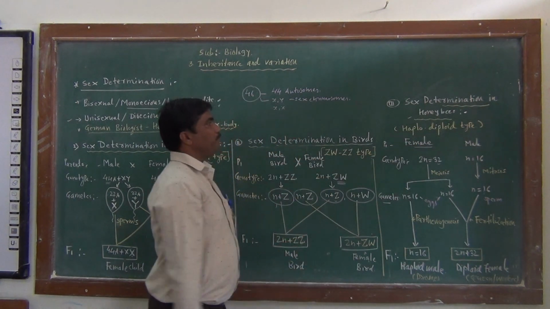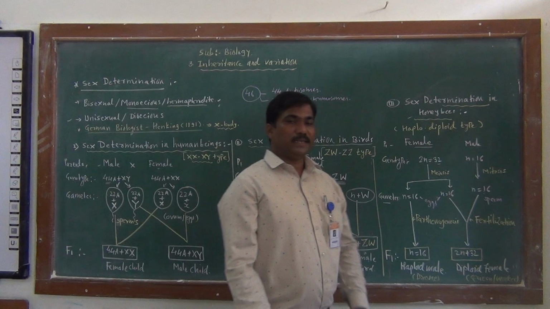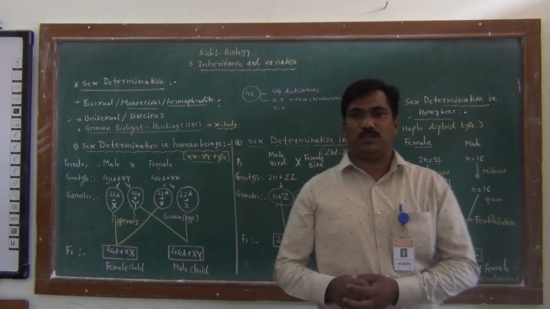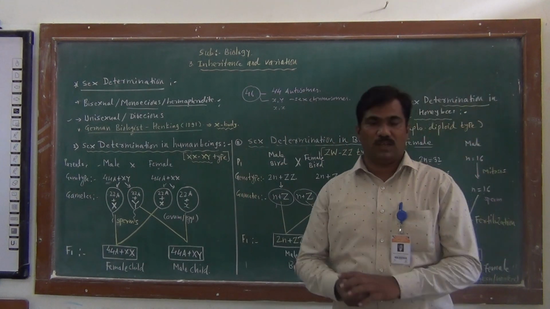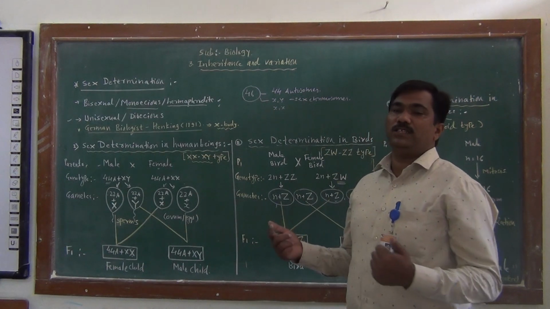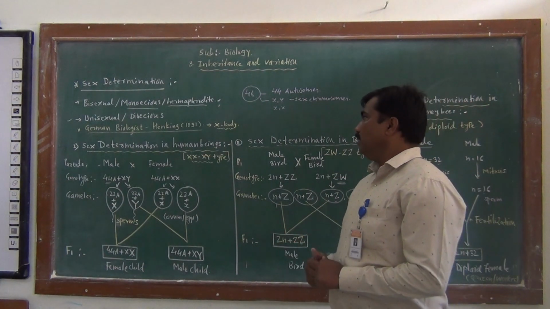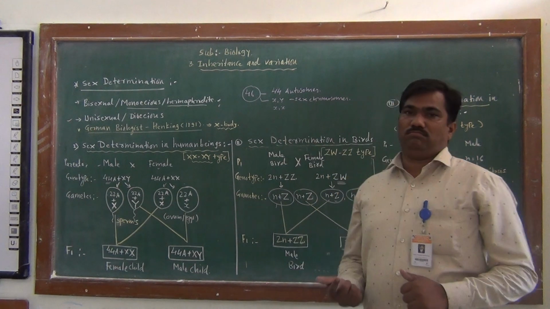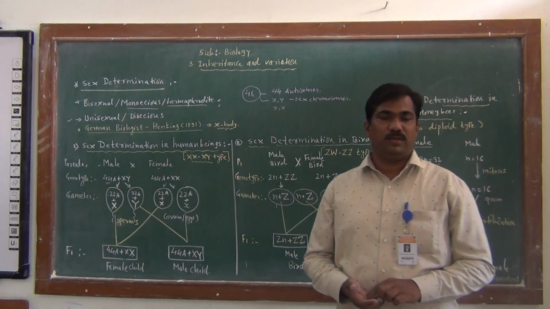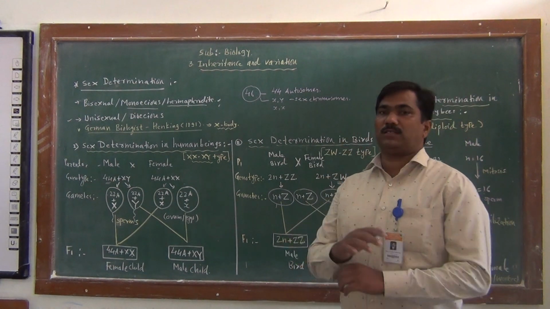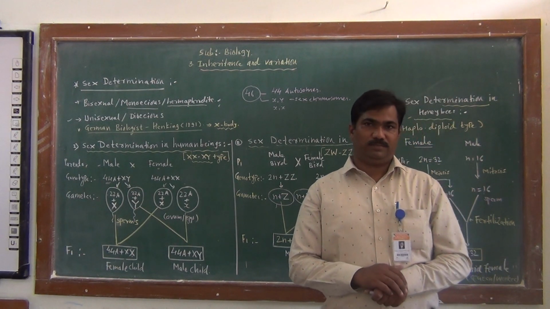These are the different mechanisms of sex determination in which chromosomes are involved, so-called chromosomal mechanisms of sex determination. But in some organisms, environmental factors are responsible for sex determination.